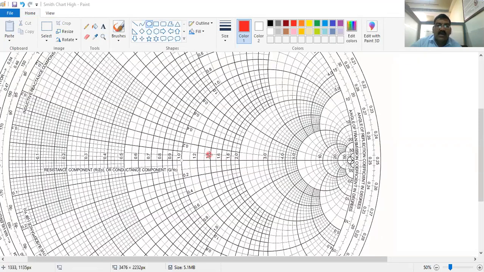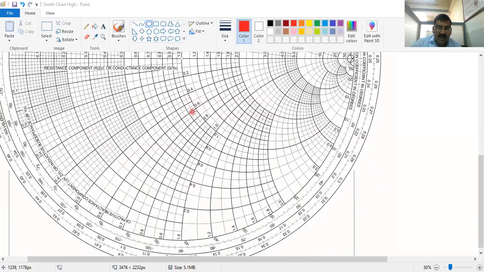This is the 1.2 horizontal line, real part, and minus is there, so I'll go down. This is the 1.2 line, I'll go here. And what is minus 1.6? These are the lines, that is the 2, 1.8, 1.6. So this is the 1.6 line, I have to come here, and this is 1.2.